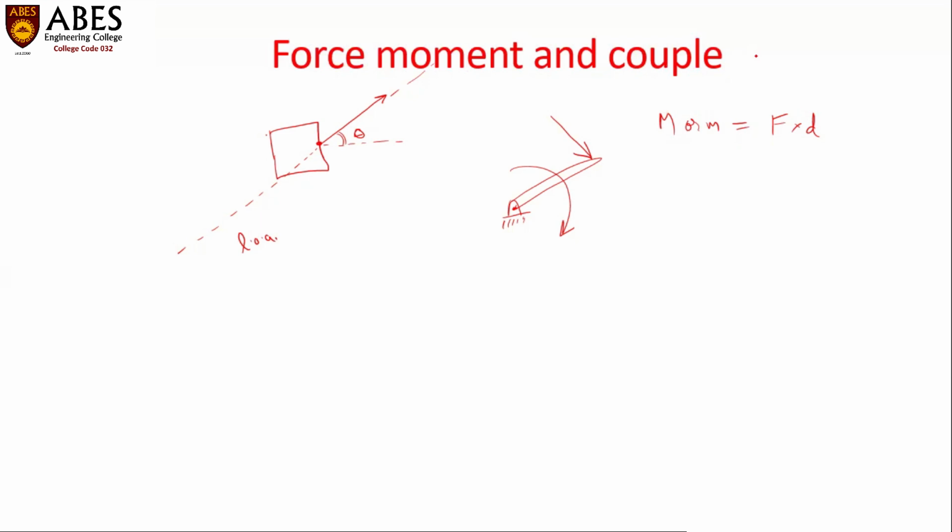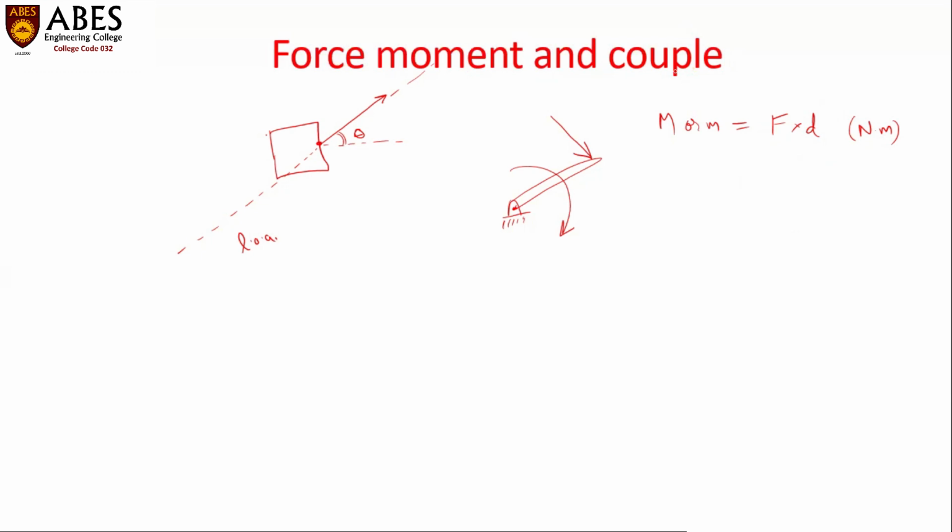Okay, the moment is given about a particular point. So the perpendicular distance between the line of action of the force and that point, multiplied by the magnitude of the force, gives you this value, which is called force moment or simply moment. The unit of this quantity is Newton meters. It may be larger or smaller units also, as per the need or requirement.